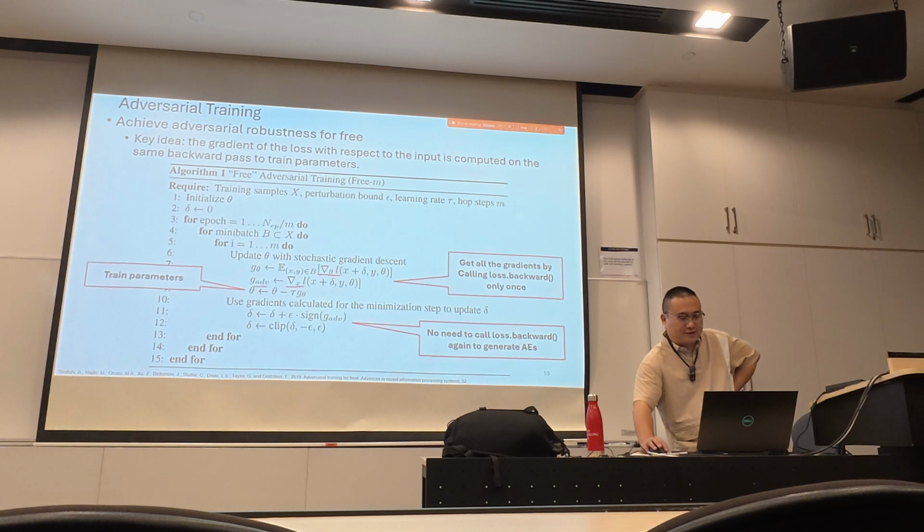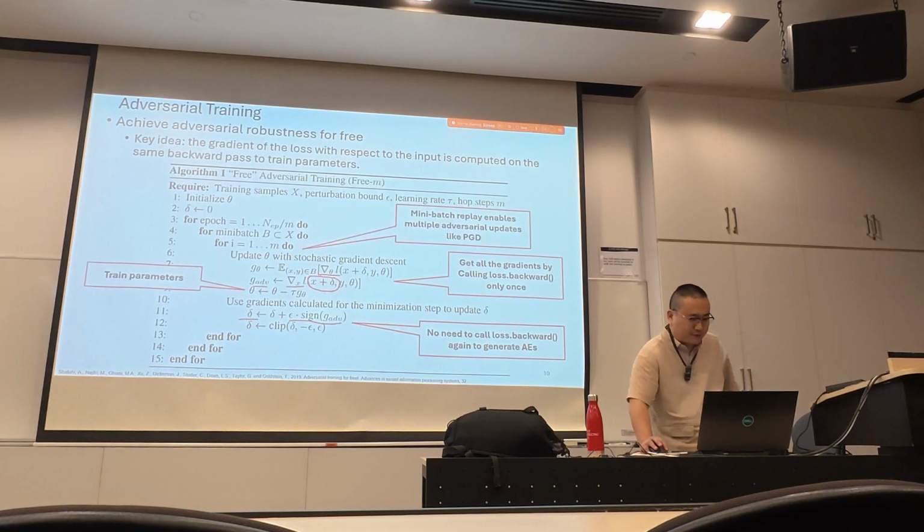We keep the gradient, and then we follow the strategy just like when we generate the text using PGD. We get the sign of the gradients, update the perturbation, and the perturbation is also applied to the input to generate the text. Okay, so here is how we can reuse the gradients.